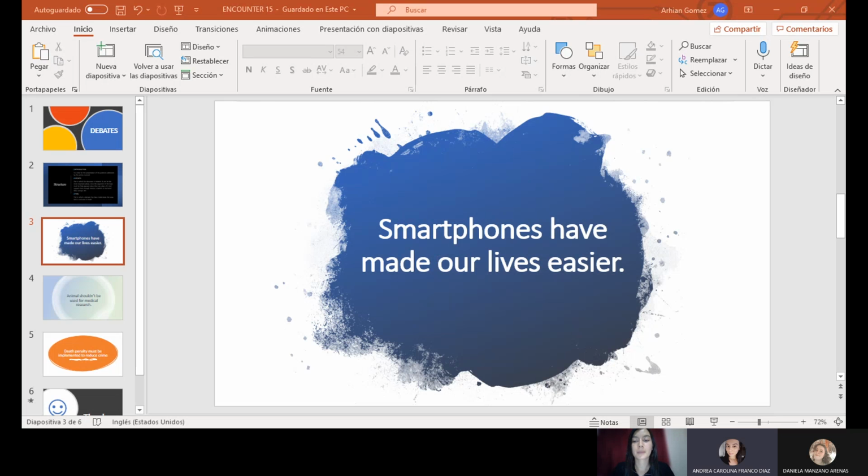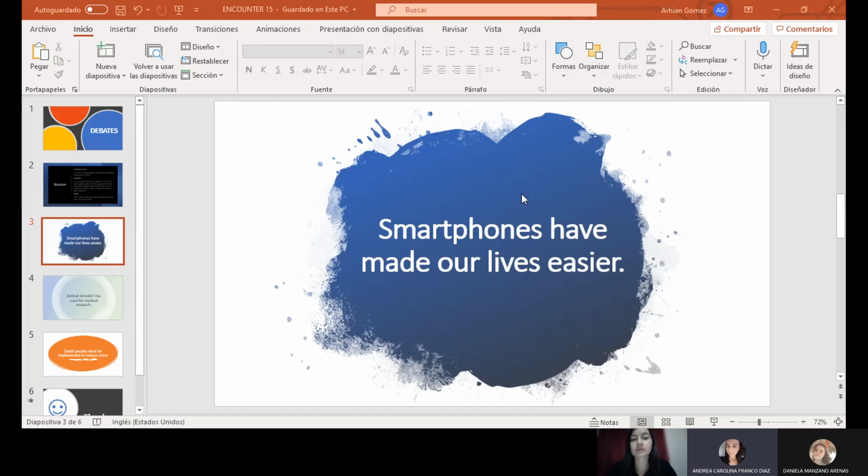All depends on how the smartphones are used. If you use the smartphone to look for forbidden things like pornographic content or other things, of course, that could be negative.